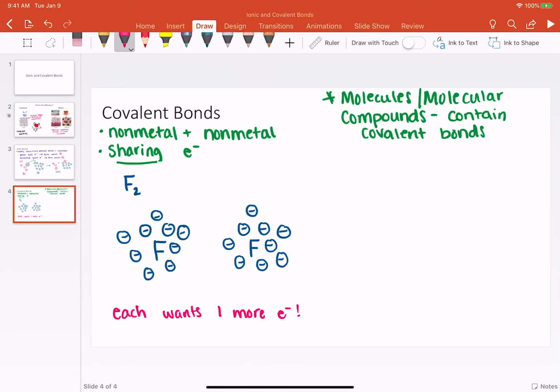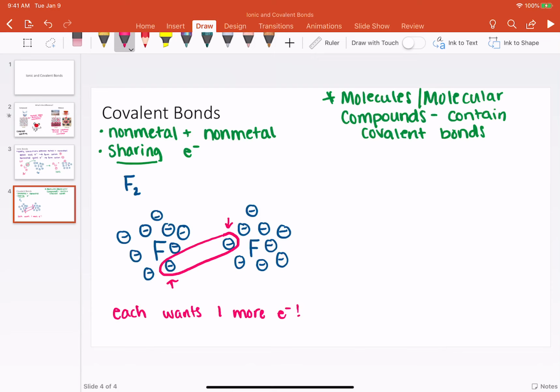If we take one electron away from one, then it's going to need 2 more electrons. So what they do is they form a covalent bond and share 2 electrons. So now this electron is going to be part of both atoms, and this electron is going to be part of both atoms, so it creates a bond.